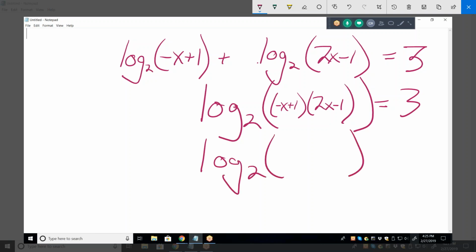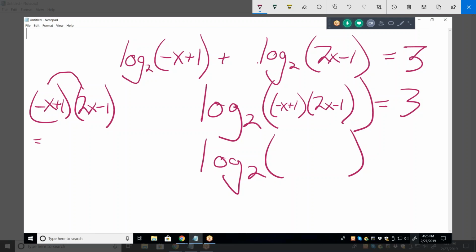So I've got minus x plus 1 times 2x minus 1. Multiply those together for me. You can do it verbally, which is the way I prefer to work, rather than doing it on paper and just giving me the answer. I really prefer to hear your thought processes as you're doing it. So give it to me term by term.